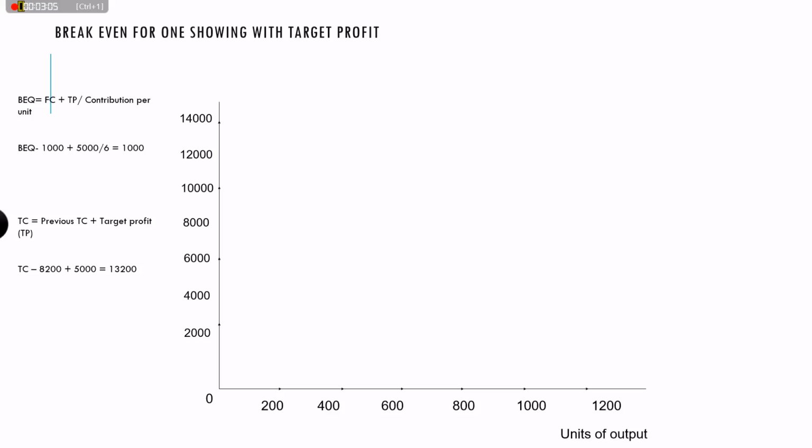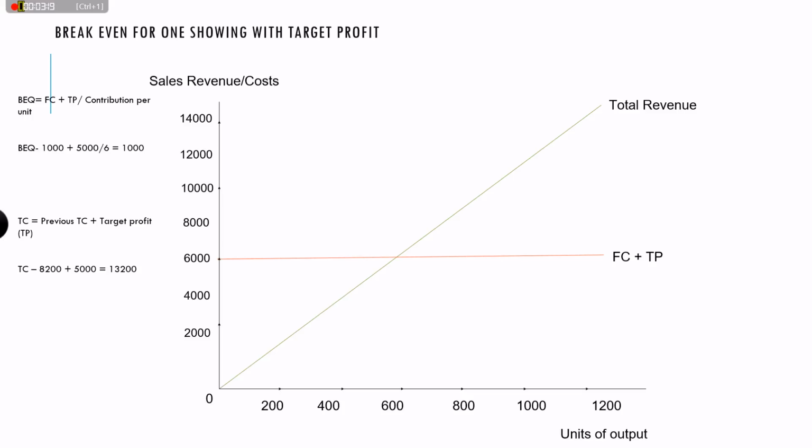So again, we have units of output on the x-axis, sales revenue on the y-axis, and we have our total revenue, which is the green line. Then we have our orange line, which is the fixed costs. And in this case, the fixed costs is going to be fixed costs plus the target profit. And the black line is going to be our previous total costs that we had without including target profit.